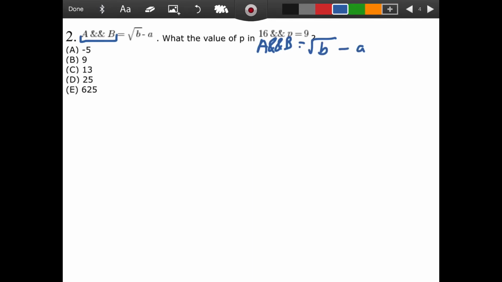essentially a corresponds with 16 and b corresponds with p if we write it underneath. So when we rewrite this, we have the square root of b minus a equals 9.